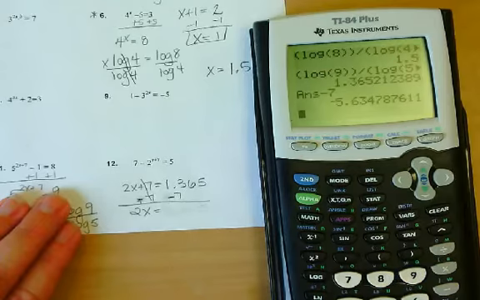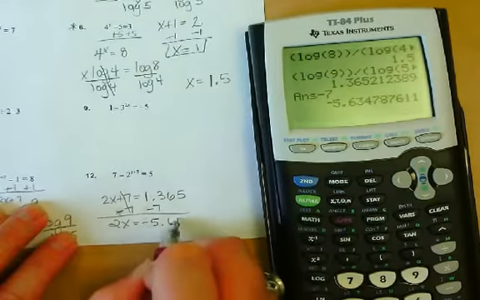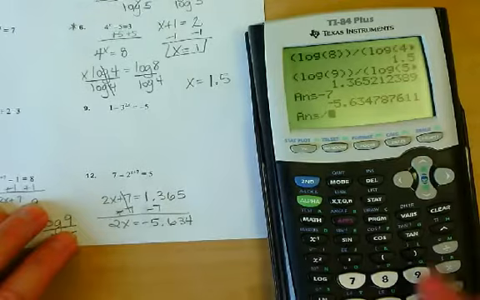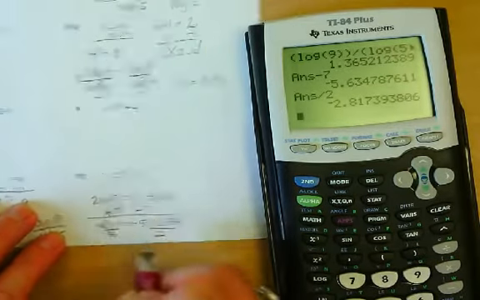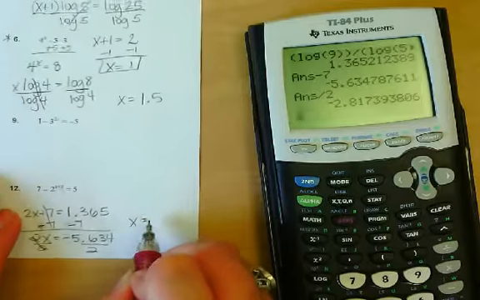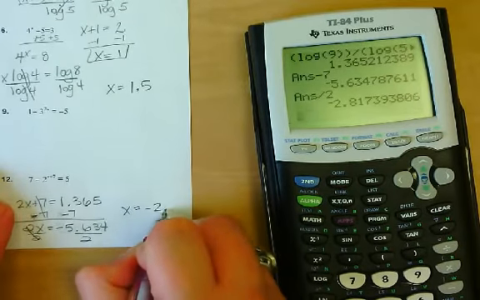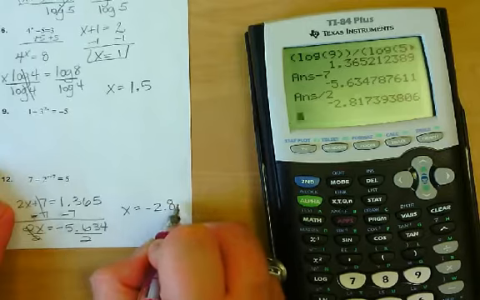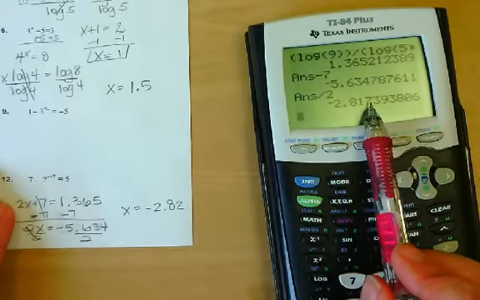Gives me minus 5.634, and I'm dividing that by 2 to get x by itself. So x is equal to negative 2.82, because it said to round. The 7 rounds the 1 up to 2.